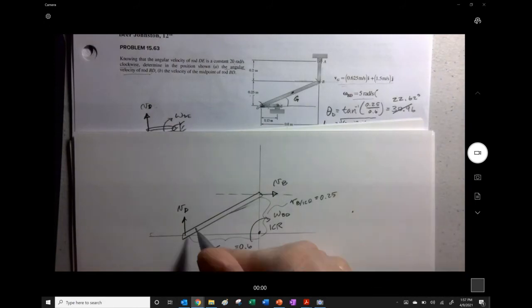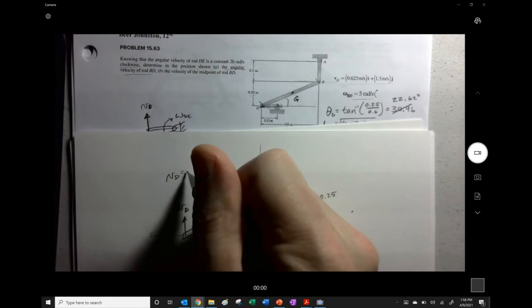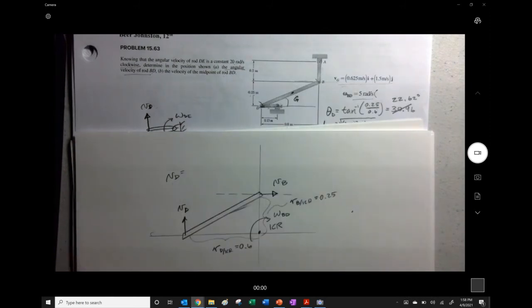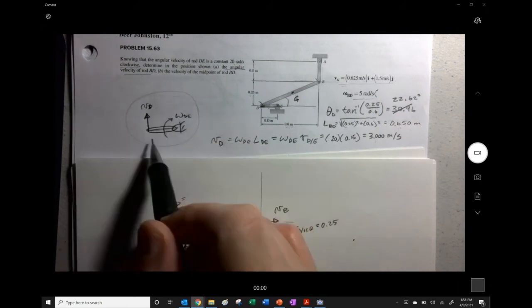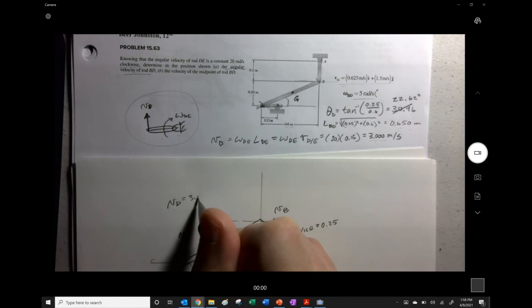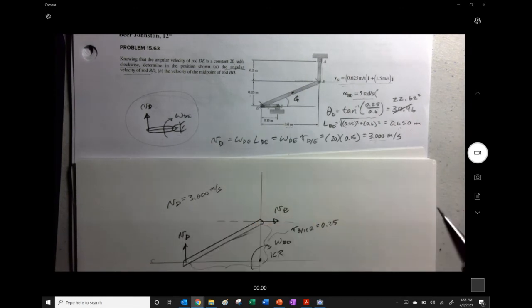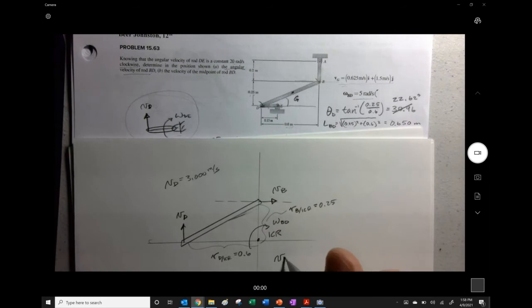And from this direction, we already know that this velocity right here, VB, is going to be in that direction. So we can assume that we already got the velocity in the D direction from this thing right here, right? That we already did this little thing. It's usually our first thing to do. So we know that it's 3. So we could say, well, the velocity of D is equal to omega BD times RD with respect to ICR.